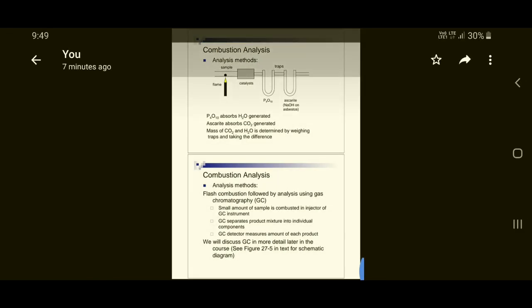For example, the sample plus oxygen converts to CO2 gas plus water gas plus N2 gas plus SO2 gas. Catalysts are used to ensure complete reactions and to define the products. Nitrogen oxides are reduced, carbon converts to CO2, and SO3 converts to SO2 gaseous in the presence of copper.